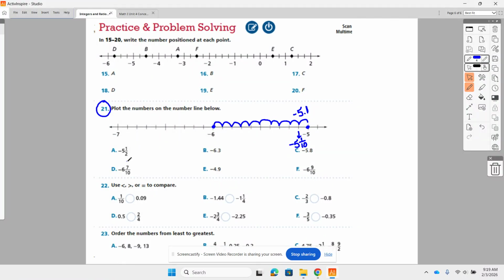So if we take a look at, let's put -6.3 on the number line. Let me change colors here. Let's see, we've got -6, -6.1, -6.2, -6.3. So this would be letter B right here.